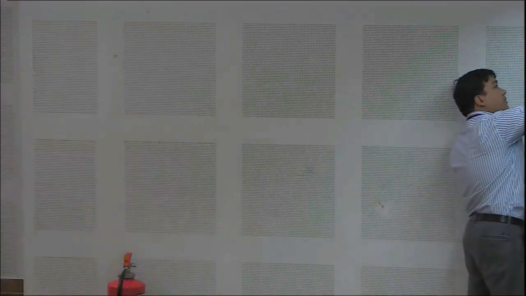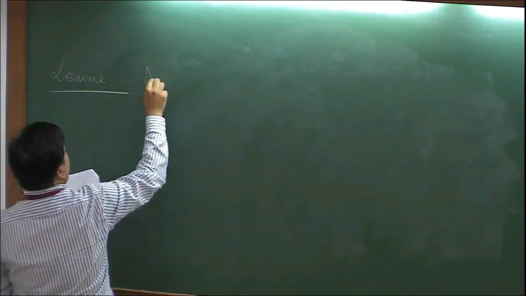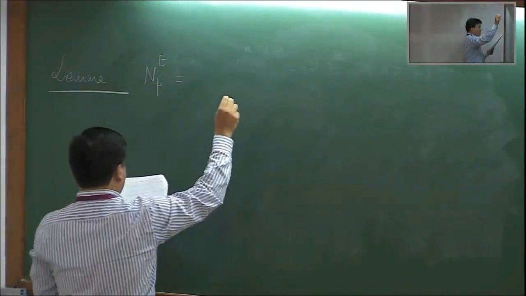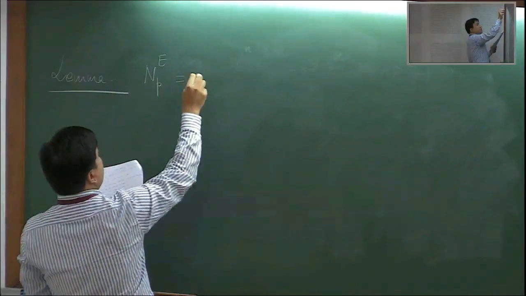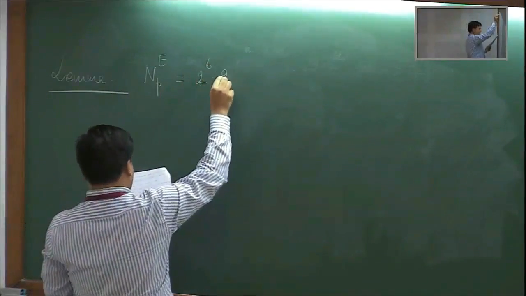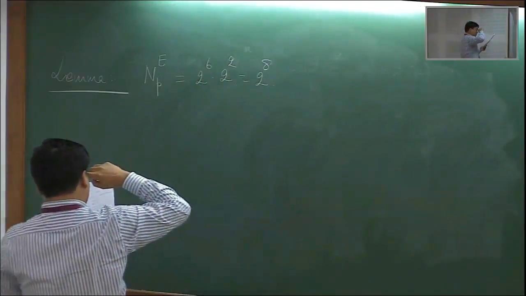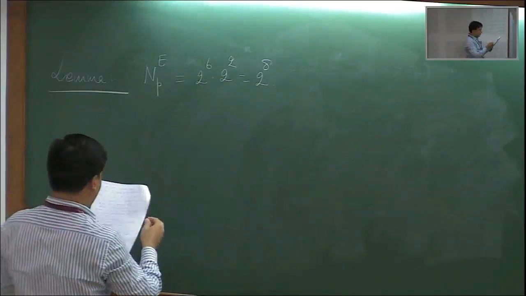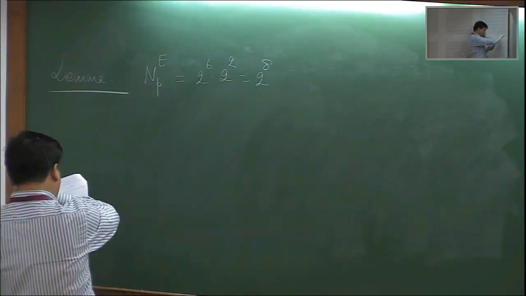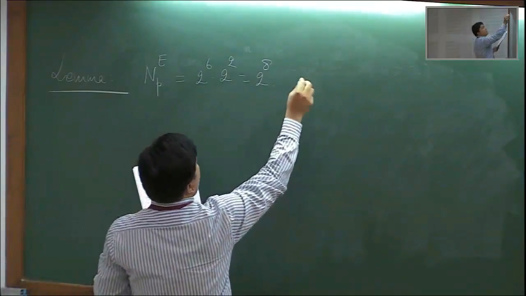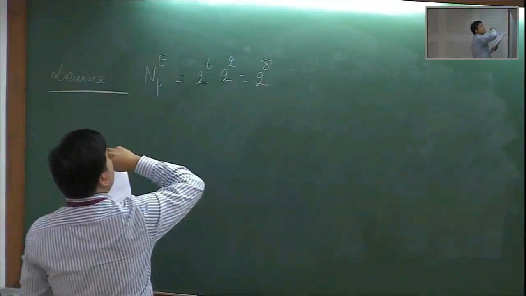So now let's compute our N_P. Okay, so here N_P, I put an E here, because this refers to this curve. So this is equal to 6 times, and this is the conductor.